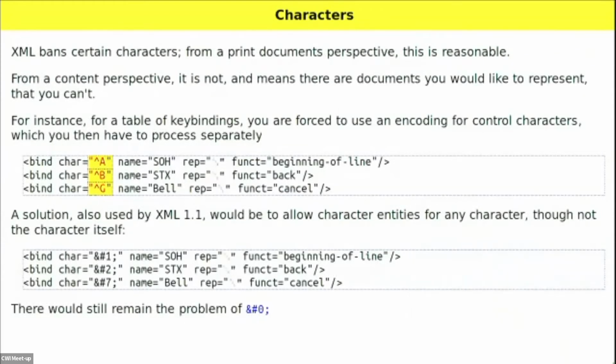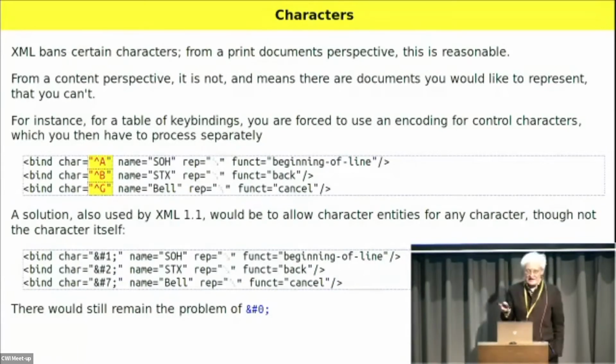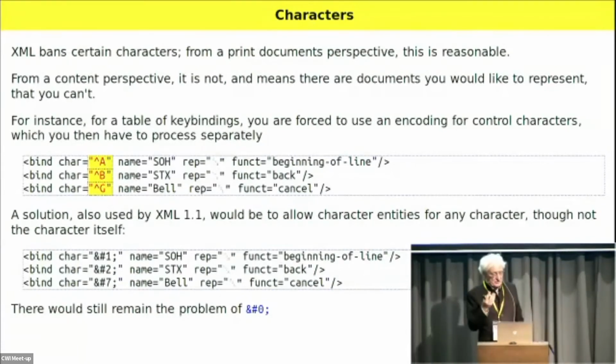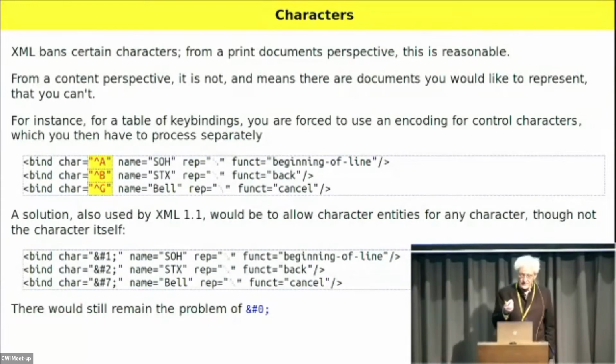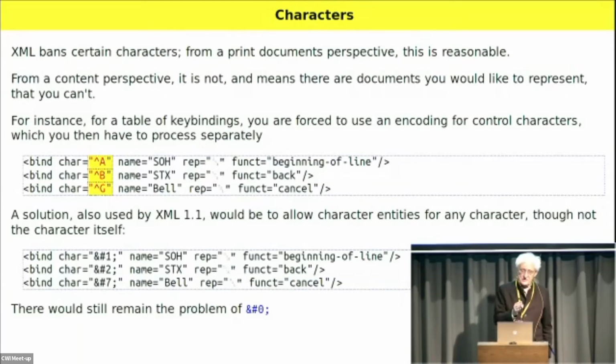Now, characters. One of the problems, presumably because they were designing a future print format, is that there are certain characters banned from XML. And from a print documents perspective, this is fine. But from a content perspective, for representing data, for representing abstractions, it's not. It means that there are documents that you would like to represent that you can't represent directly in XML.